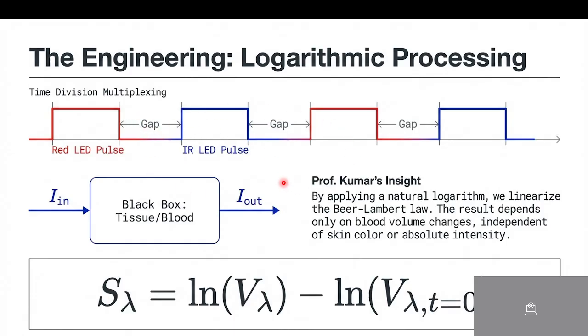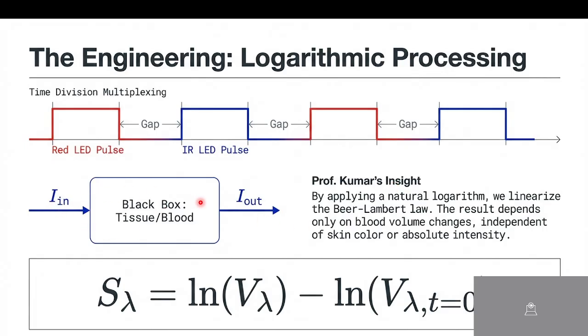What it does is, as per Professor Kumar's insight from one lecture in week 5, by applying a natural logarithm, we linearize the Beer-Lambert law. The result depends on the blood volume changes, independent of skin color or absolute intensity.